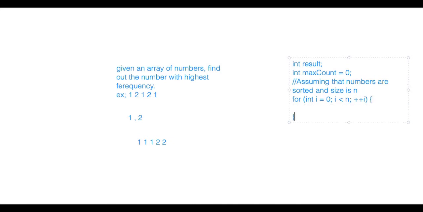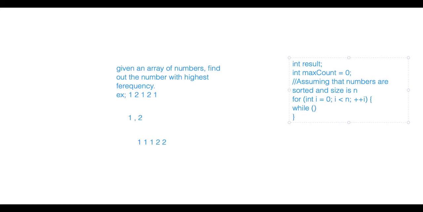Since we have defined our goal, in the loop, if we find a number, we will keep on going as long as we are finding this same number. For example, at the 0th position, we can run another loop inside it. But I will tell you why this loop is not O of n square. Once I write it, you will be able to find out.